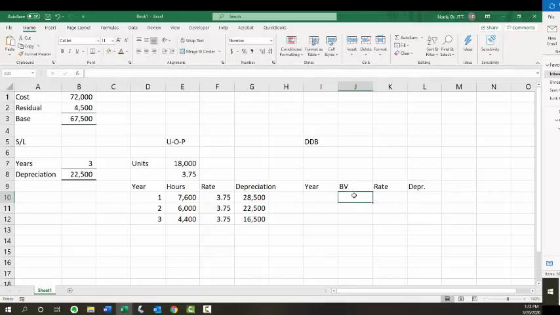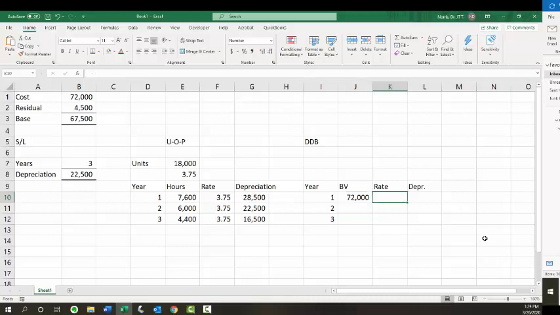So the book value at the beginning of the year is, for year 1, 2, and 3 again, the beginning of the year is 72,000, the full. This is where it differs from the straight line and units of production. We're not going to use the depreciable base. We're going to use the book value.